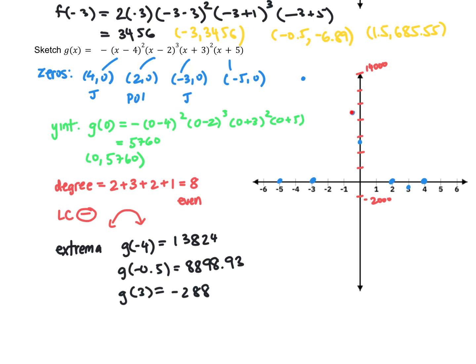I'm going to hit that point at -0.5, come down to the y-intercept, then get to 2, which is a point of inflection. So I'm going to have to do a little kind of step here. Come to this point, come back up at 4, and at 4 we're jumping off. So we're going to have a jump at -3, and at 4, a point of inflection at 2.